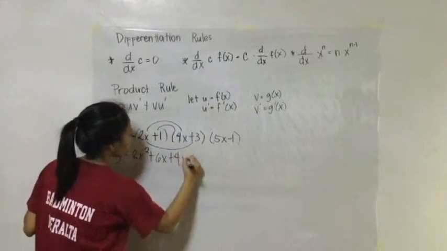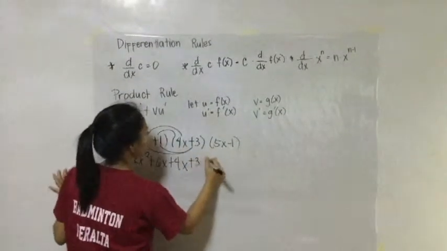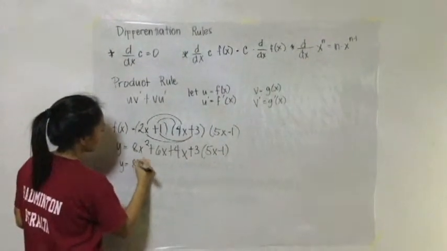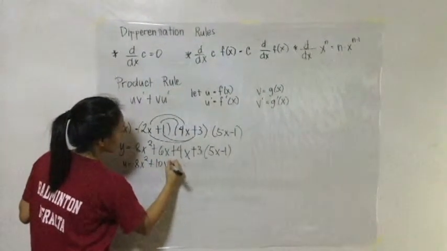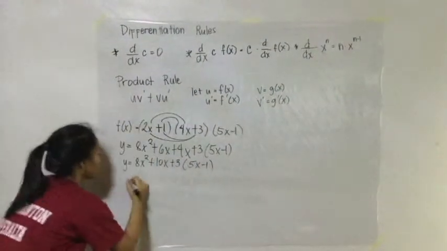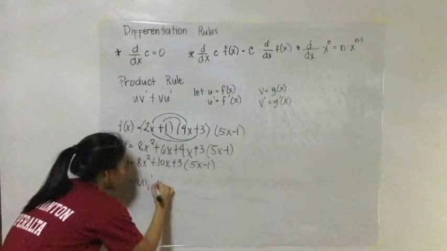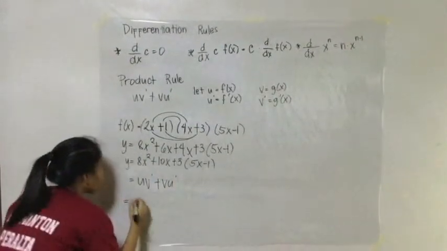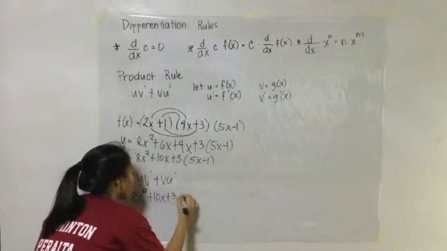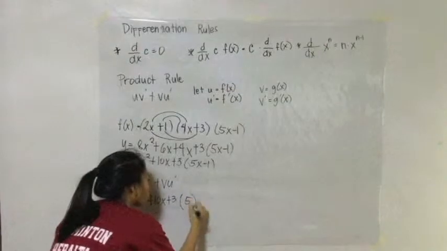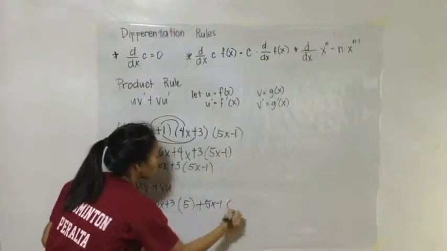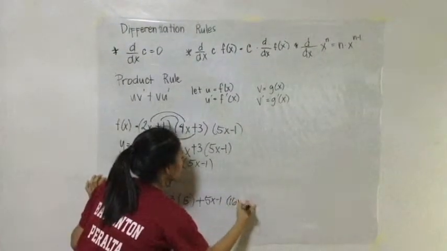Let your answer be 8x squared plus 6x plus 4x plus 3 times 5x minus 1, which is equal to 8x squared plus 10x plus 3 times 5x minus 1. Y prime is equal to 8x squared plus 10x plus 3 times 5 plus 5x minus 1 times 16x plus 10.